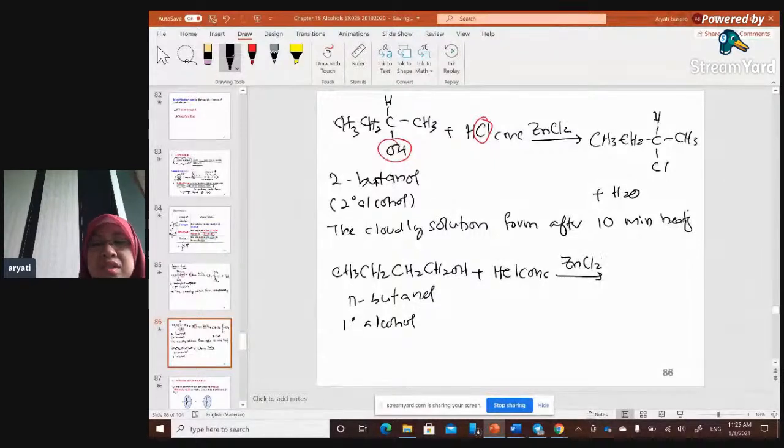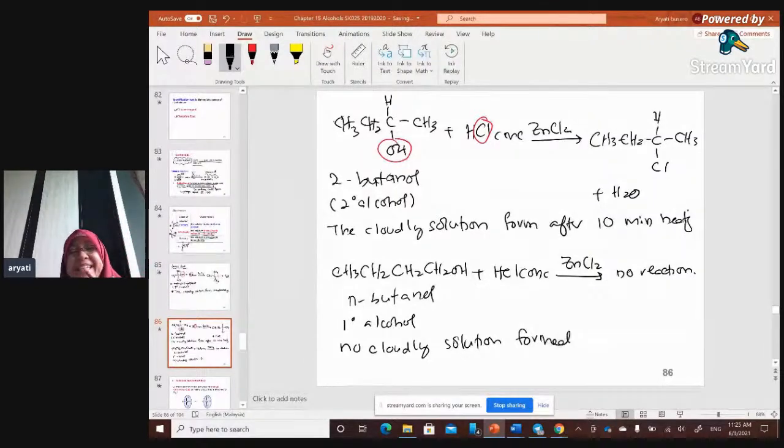So your observation is no reaction. So for this equation, no reaction. Observation: no cloudy solution forms. So I want you to put this in your lab report.